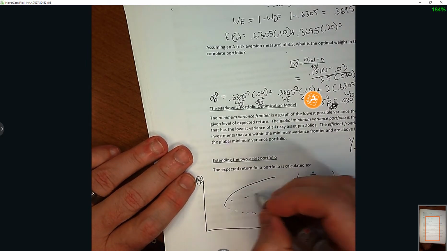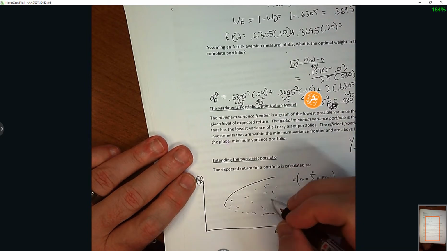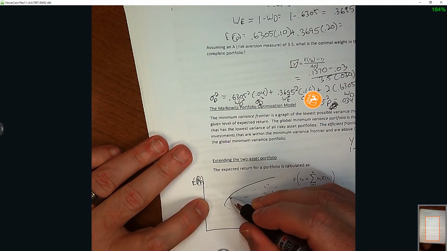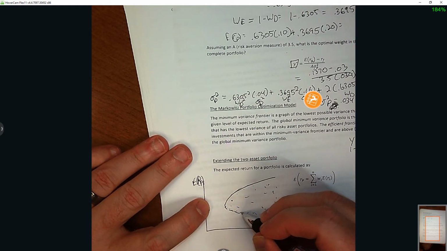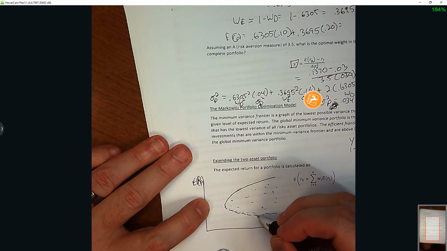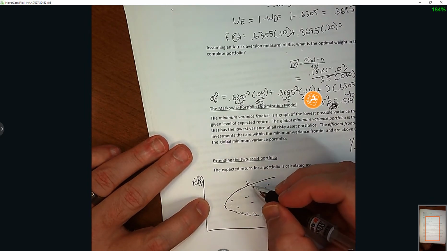And within here are the possibilities for all of our risky portfolios, and those risky portfolios include the portfolios that occur along these lines here, the dashed line and the solid line. And again, this is our efficient frontier.